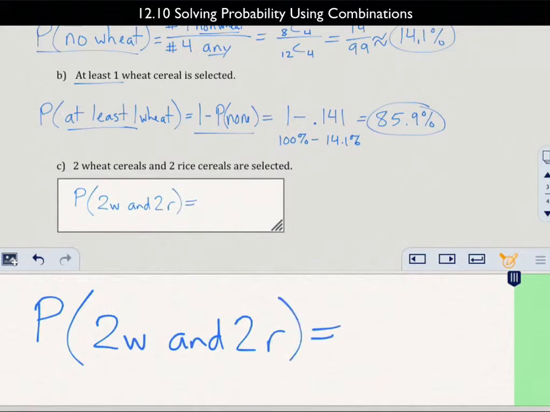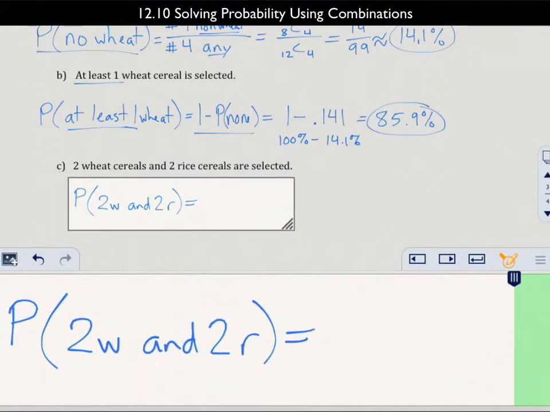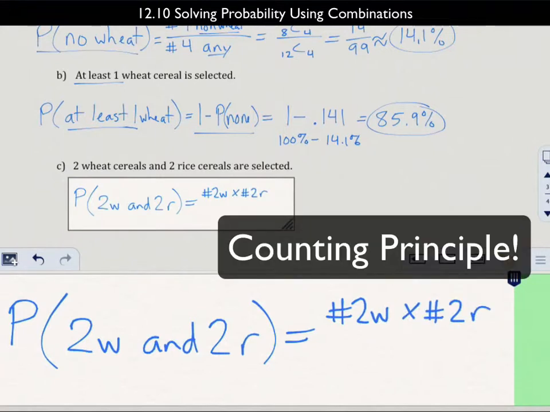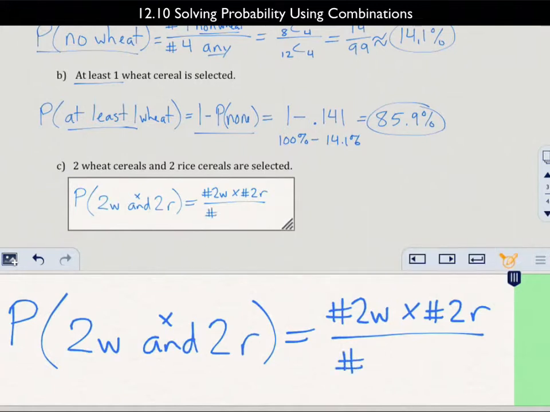So what we're going to do in this case is find the number of ways we can get 2 wheat cereals and multiply it by the number of ways we can get 2 rice cereals. So we use the fundamental counting principle because we're multiplying these together. Now we're going to divide it by the number of ways we can get any type of cereal.